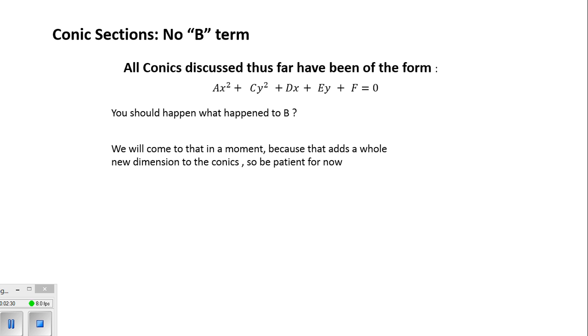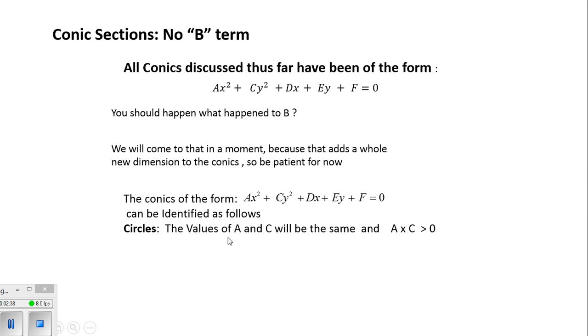For classifications of the conics with this form and the B missing, you have this kind of generalization. Circles are easiest, because circles are where the coefficients of the square terms, the A and the C, are the same, either both positive or both negative, so their product is always positive.